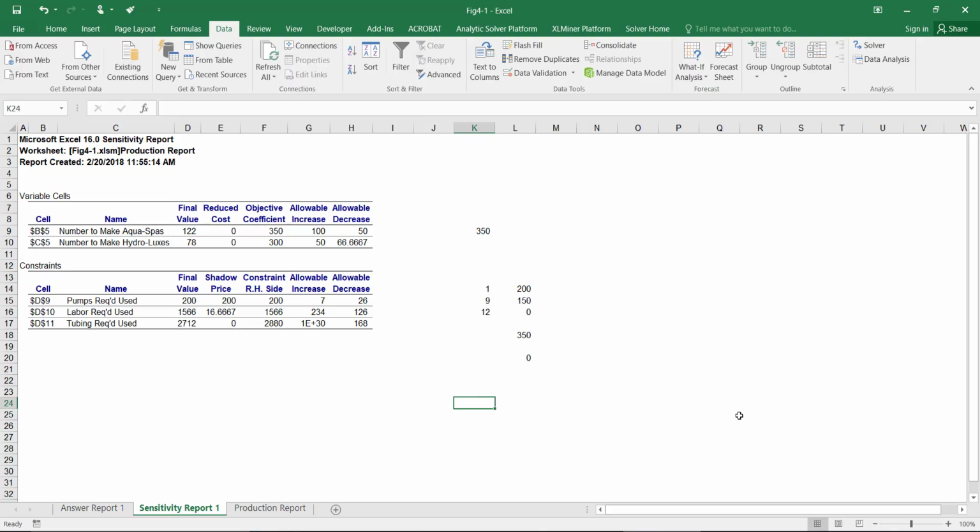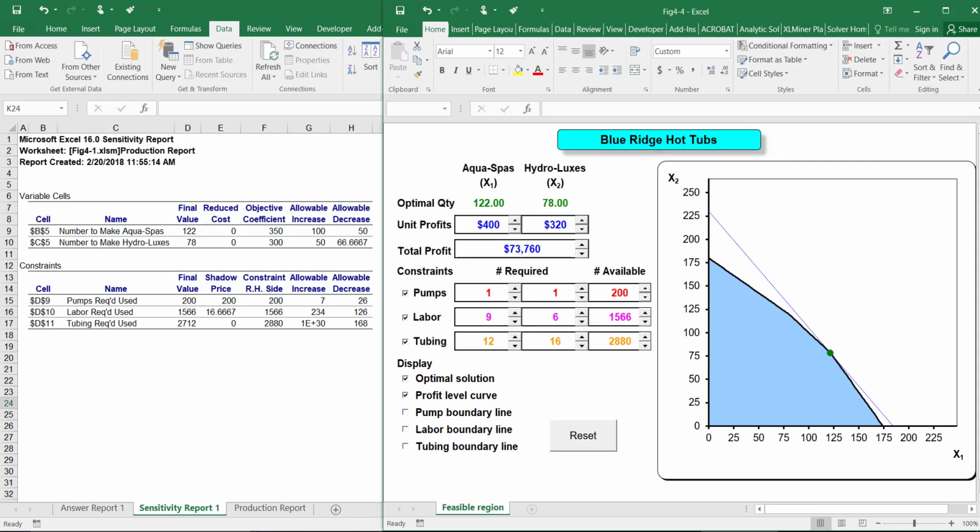Generally, when we have a reduced cost of 0, all of the parameters that we are changing, the coefficients of the objective function, if the changes are within the allowed range, right now for 350 I can increase by 100 and decrease by 50.